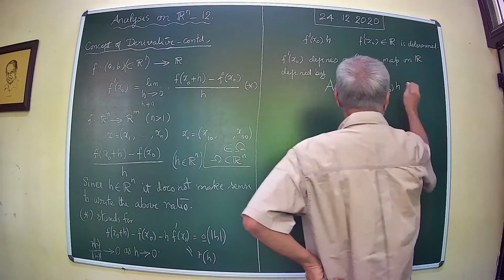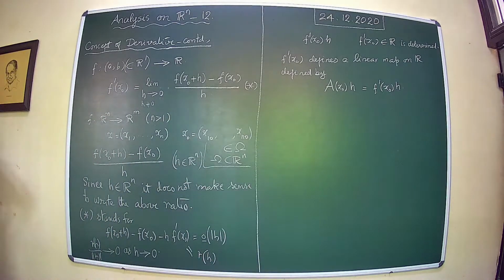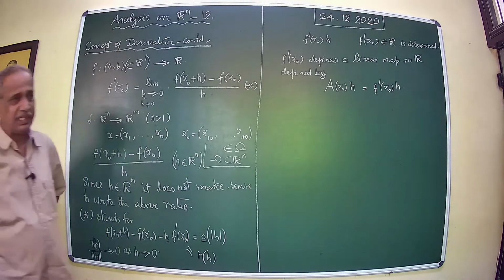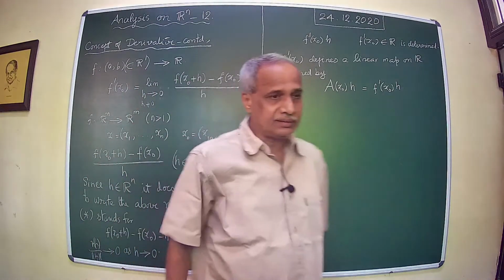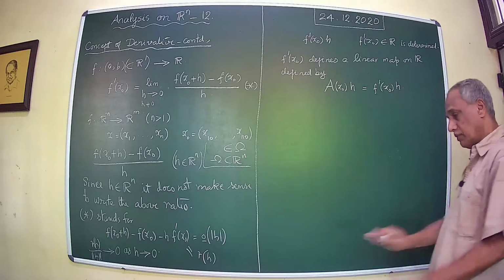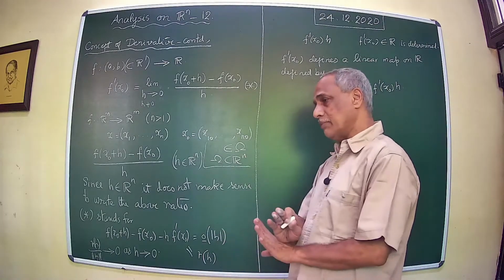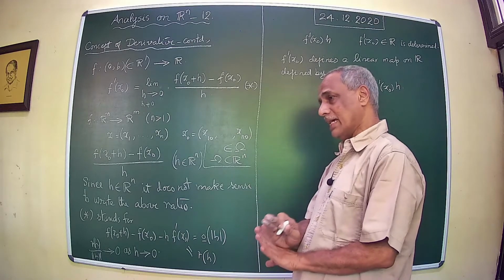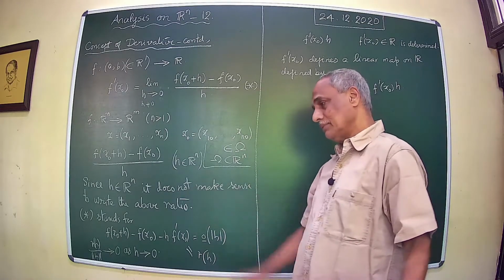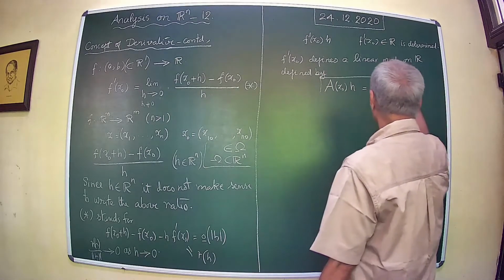times h. Now you recall, in one-dimensional space, linear transformations are characterized by scalars through multiplication. Every scalar determines a linear transformation. Conversely, every linear transformation is determined by a scalar on R. Now this fact is something that we look at.